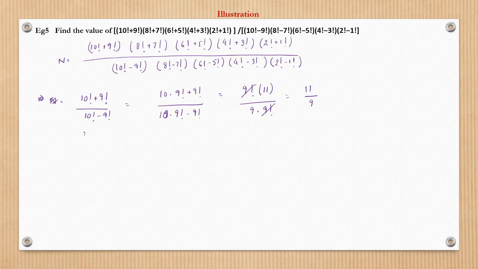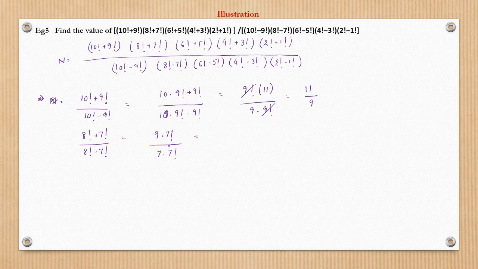Similarly, 8 factorial plus 7 factorial by 8 factorial minus 7 factorial, in the same way we can write this as 9 into 7 factorial upon 7 into 7 factorial.